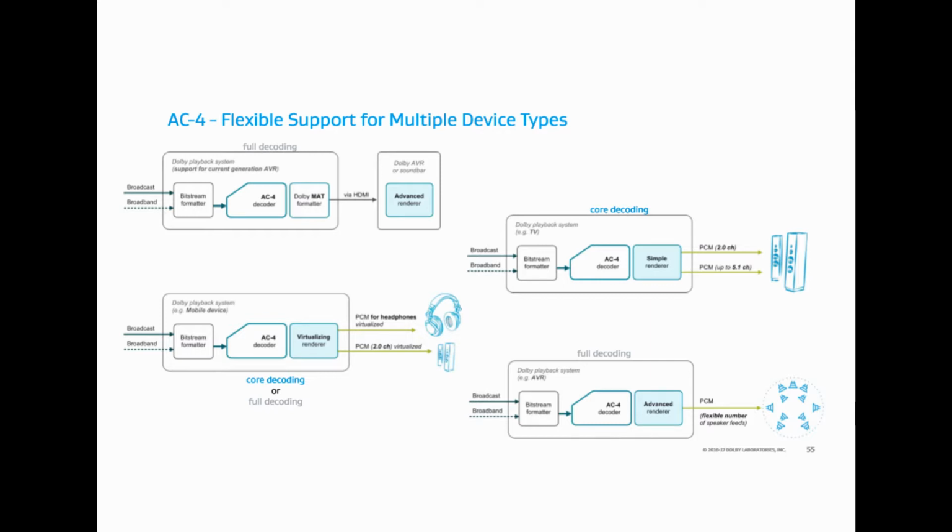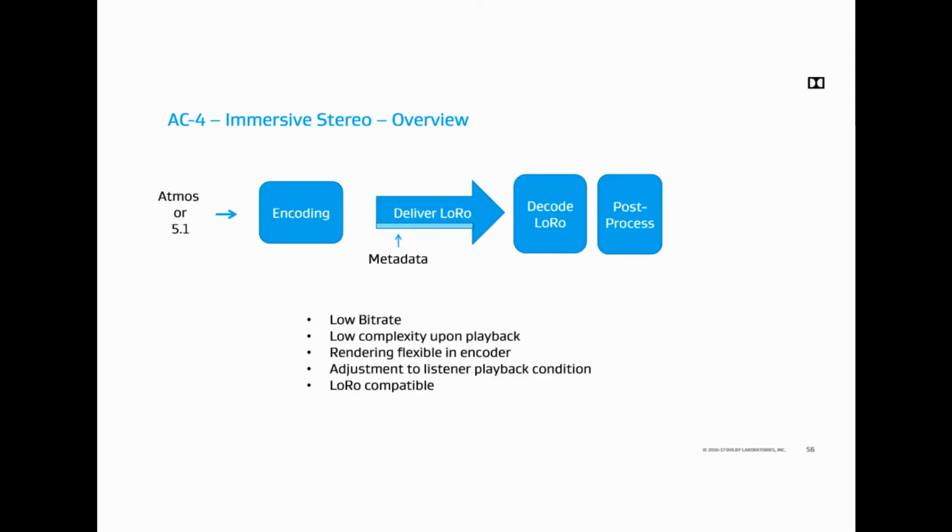But that wasn't enough. When we looked at mobile, we thought, how do we keep the information down? Because mobile phones generally suffer from not having a lot of battery life. So we want to keep computation low when we decode audio, and we also want to keep the bit rate down.